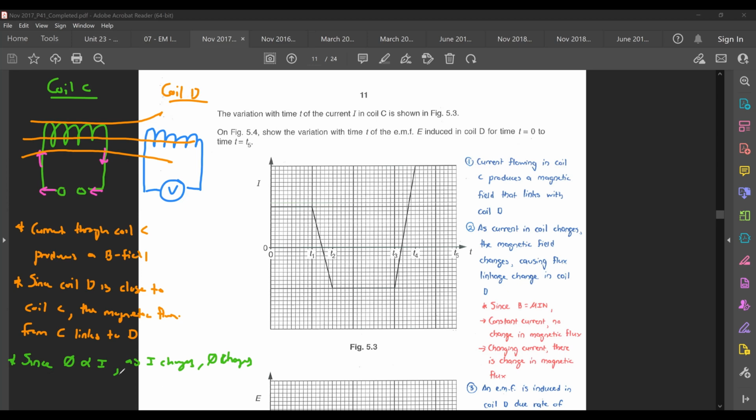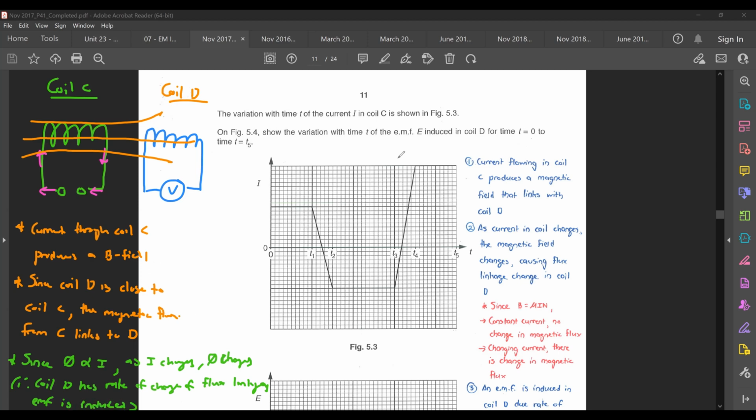Okay, as current changes, flux changes. Then after that, therefore, coil D has rate of change of flux linkage, EMF is induced.